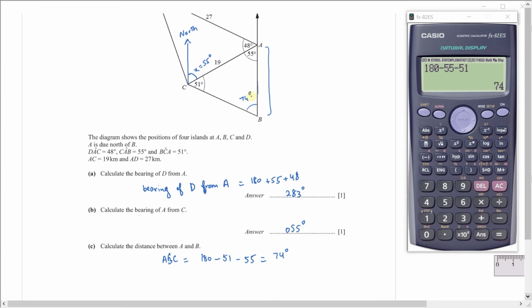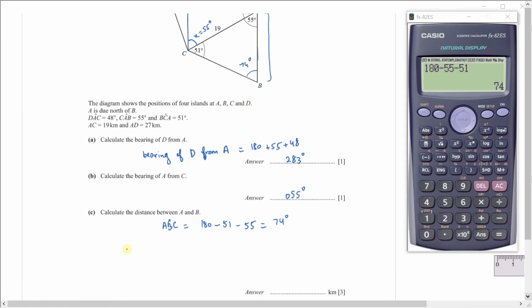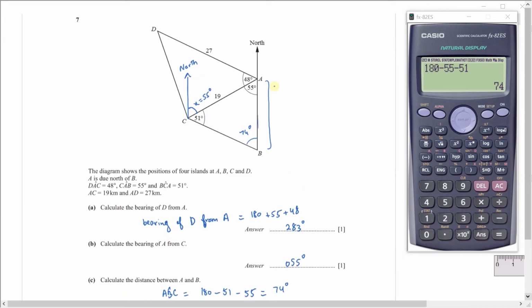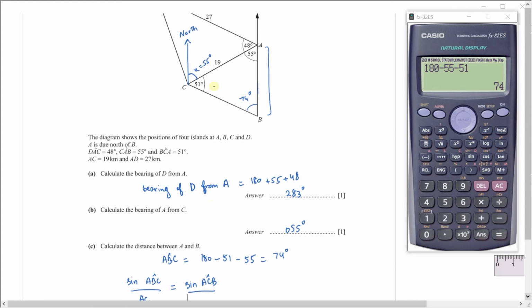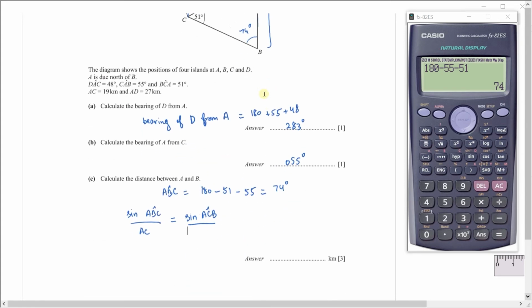Now I can use the sine rule. So sine of angle ABC, this angle, divided by the length AC, because that's the opposite length, should equal, since we are interested in this length, I'll take the angle opposite of this, which is ACB. So sine of angle ACB divided by the length opposite, which is AB, which we need to calculate.